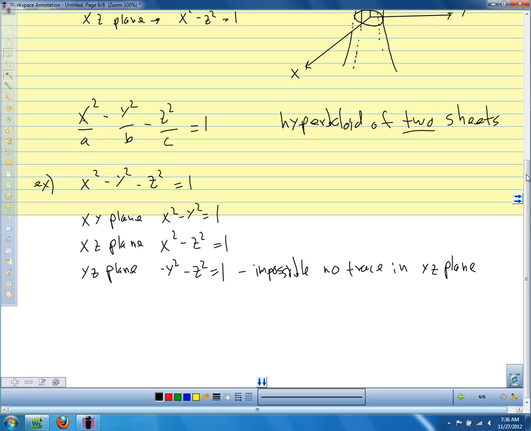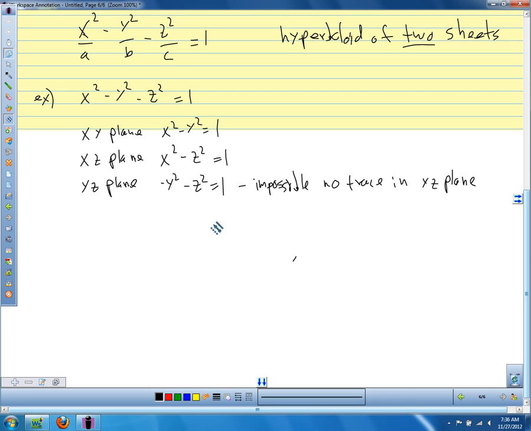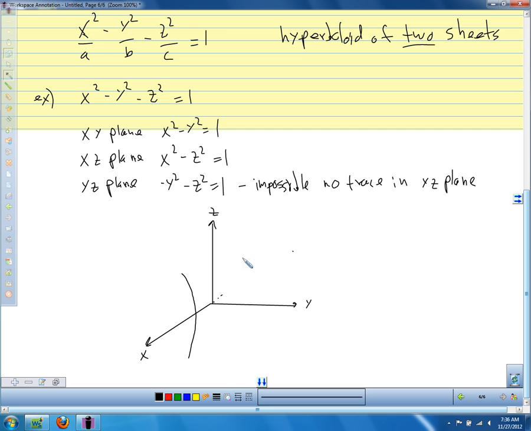So if I sketch a quick graph of this, we'll see why we call it a hyperboloid of two sheets. There's z, y, and x. In the xy plane, I have a hyperbola, like so. And we have one back here on the negative as well.